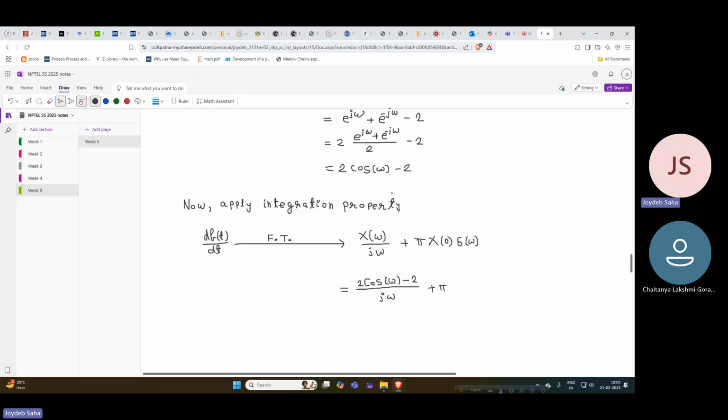Cos 0 will be 1, so 2 minus 2 is 0. This is 2 minus 2 multiplied with delta(omega).